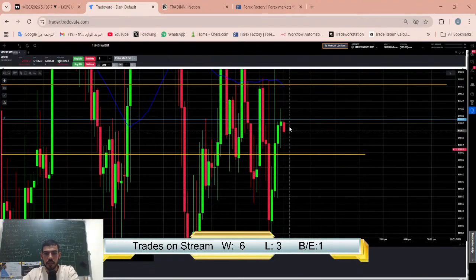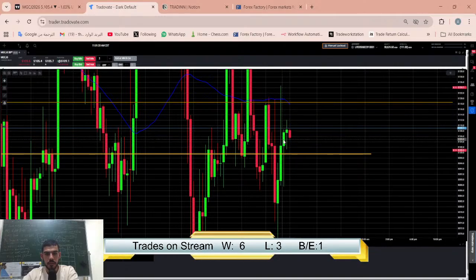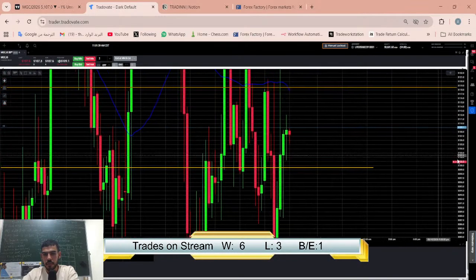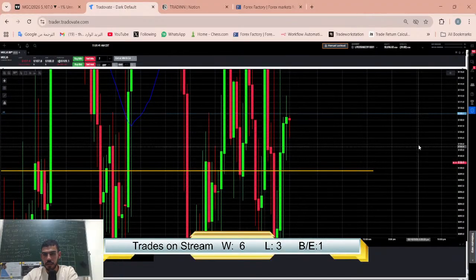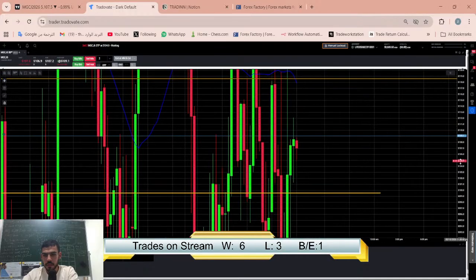To be honest, this candle doesn't look like it wants to continue to the upside. So if it breaks the high, I'm probably going to move my stops, right about here.